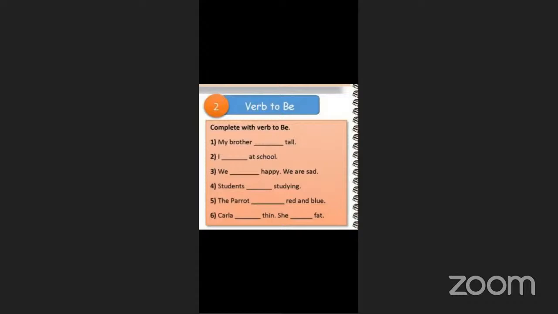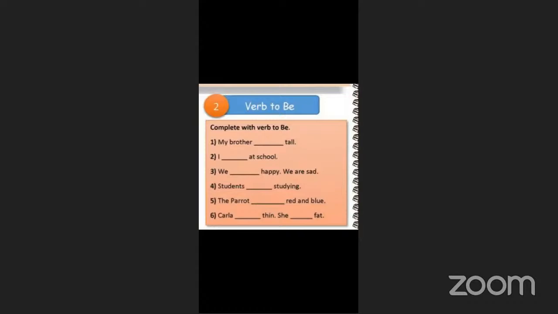Then number 5, the parrot, blank, red and blue. The parrot, it's in singular form. There you have to use the be verb is. Then last one, number 6, she is thin, she is fat.